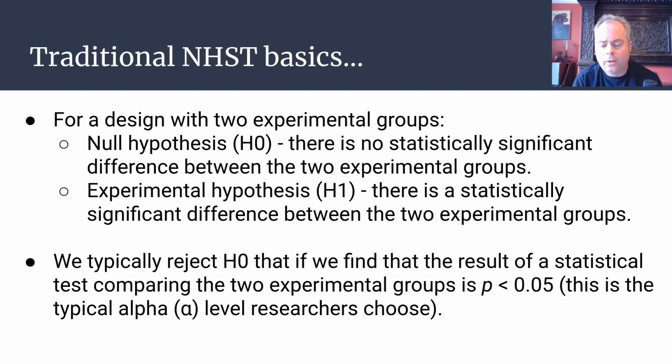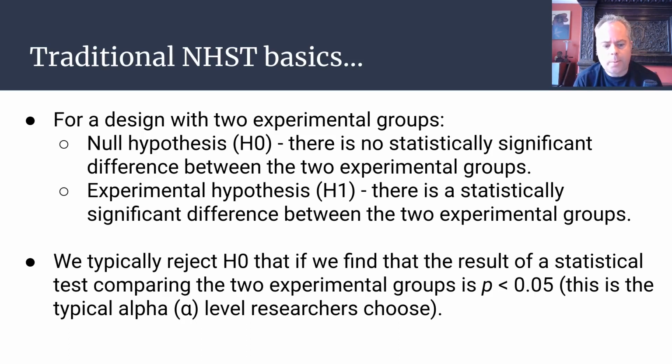And what we tend to do when we're running statistics in our own research using the null hypothesis approach to testing, we'll typically reject the null hypothesis if we find that the result of a statistical test comparing two experimental groups gives us a p-value of less than 0.05.